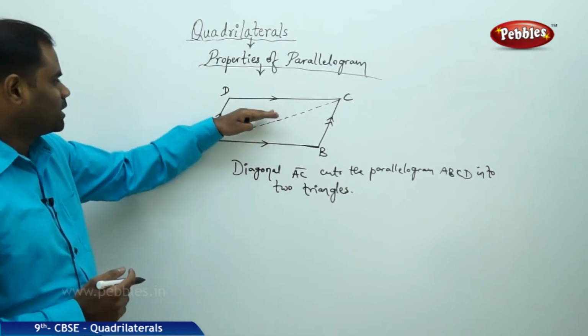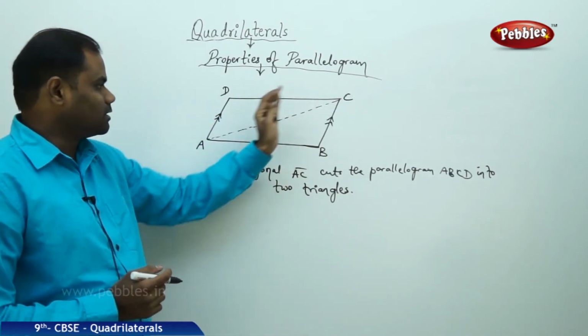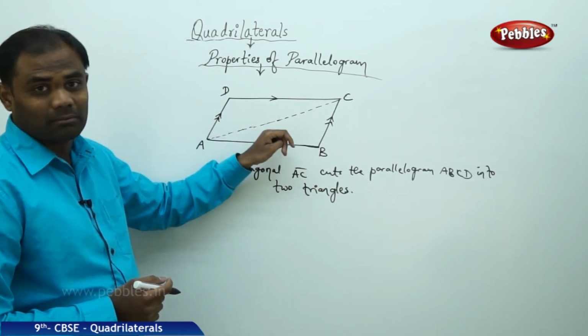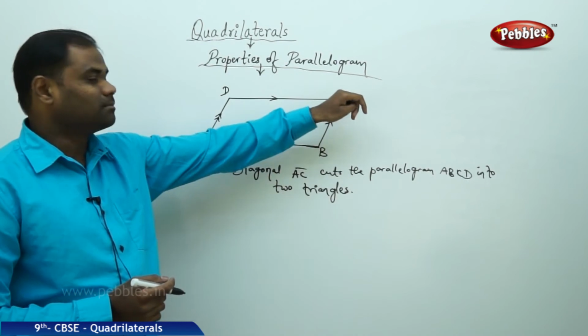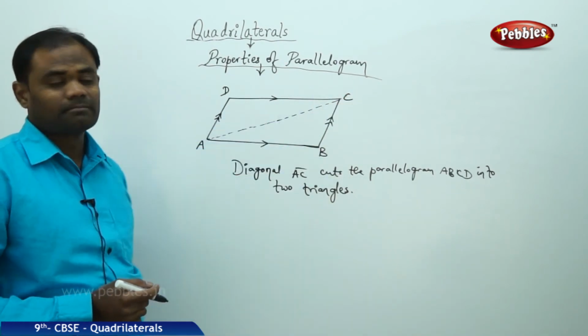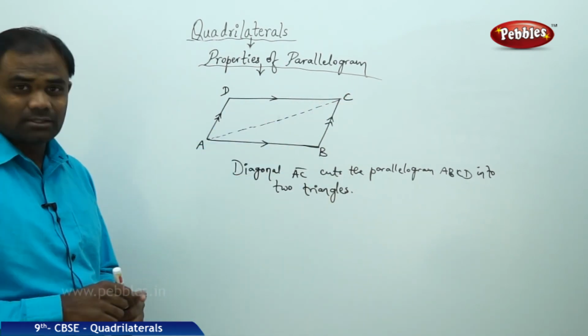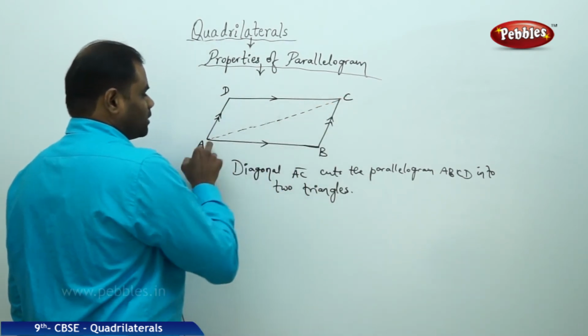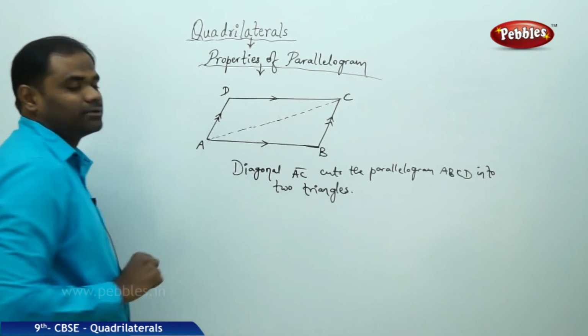The first part is triangle ADC, and the other part of the parallelogram cut by the diagonal is triangle ABC. Therefore, I have two triangles as cut by the diagonal AC such that ABC is one triangle and ADC is the other triangle.